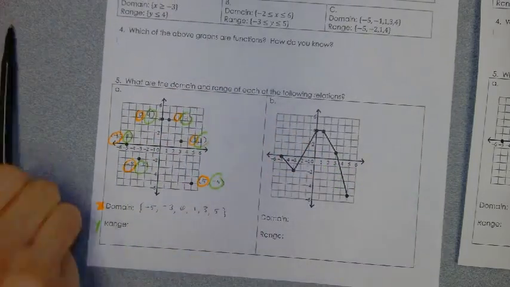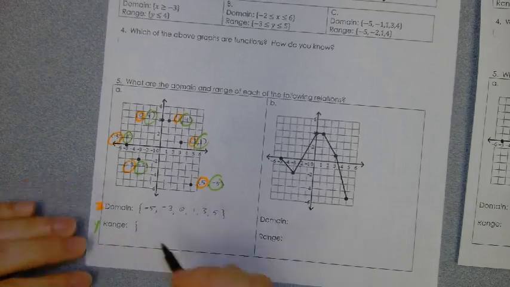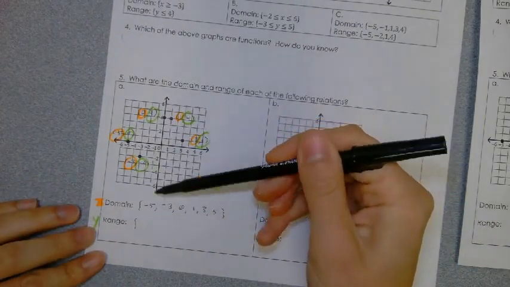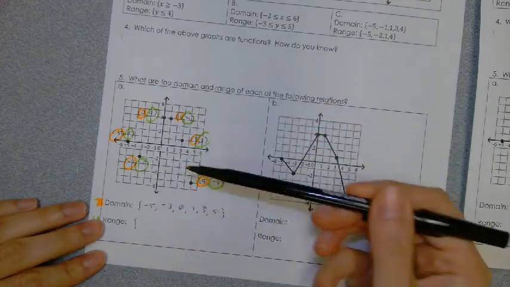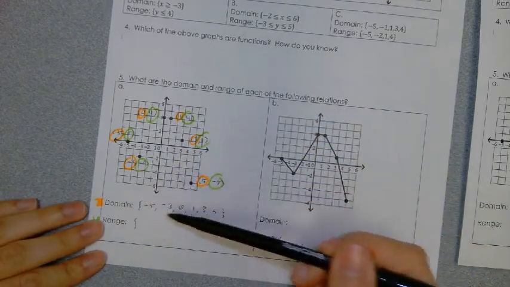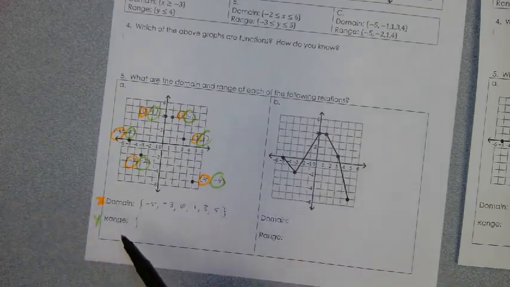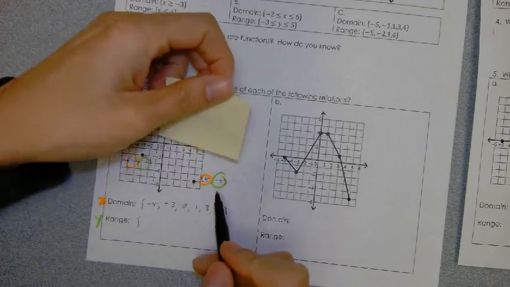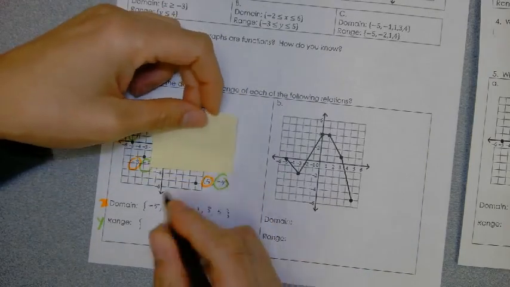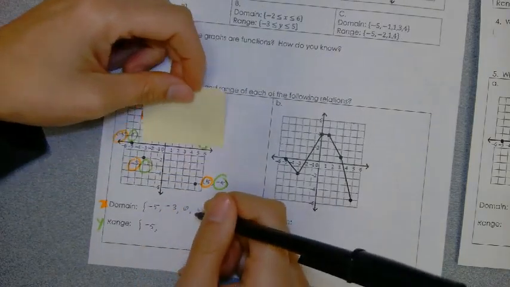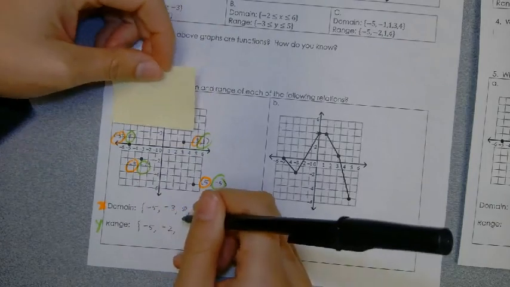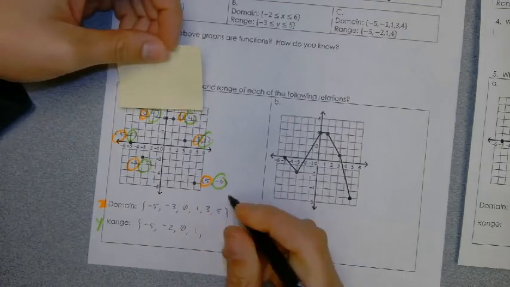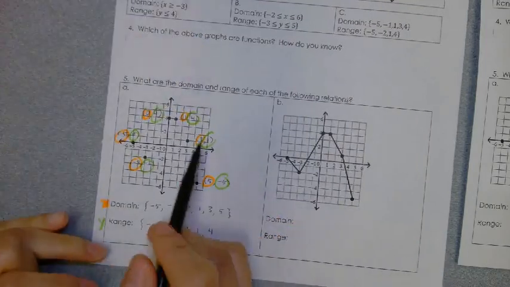I also want to write these in order, but because the y-axis is vertical, my lesser numbers are going to be at the bottom of the graph. So I'm going to read from the bottom to the top. My lowermost y is negative 5, then negative 2, then 0, then 1, and then 4.